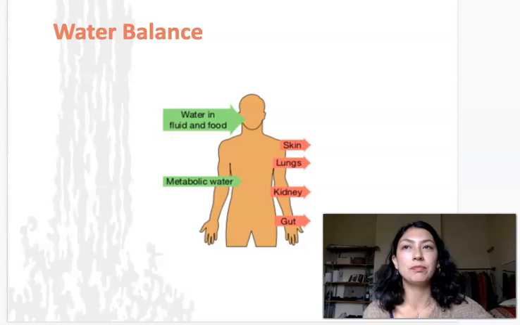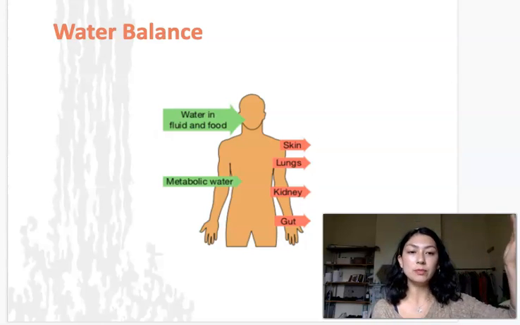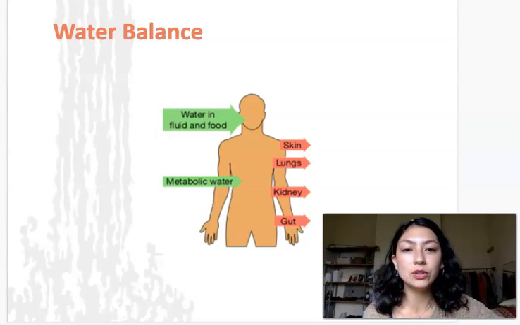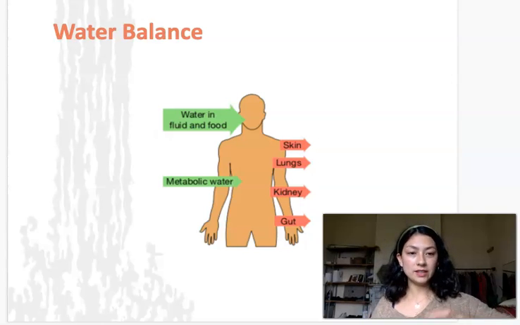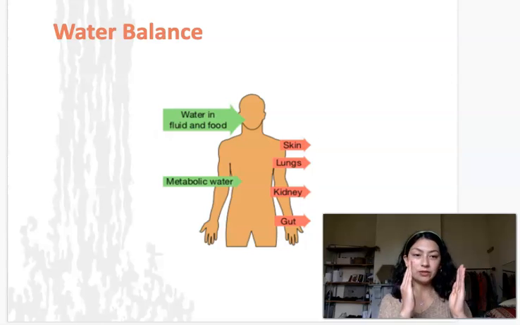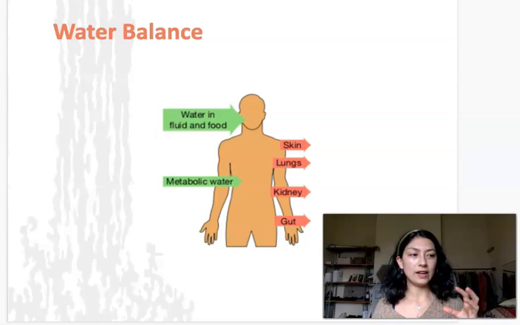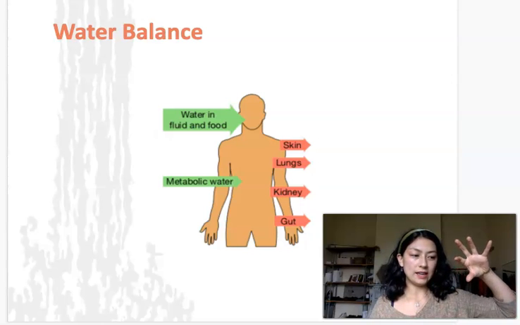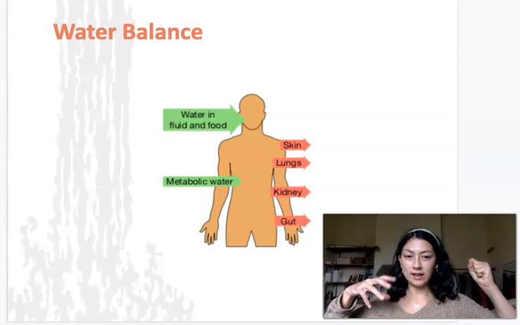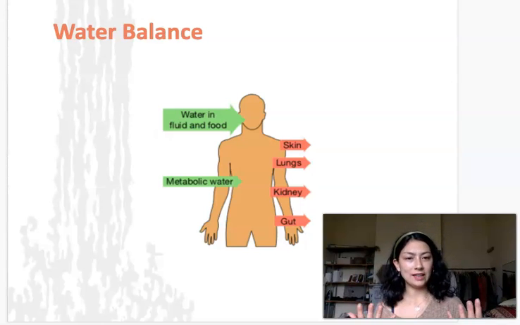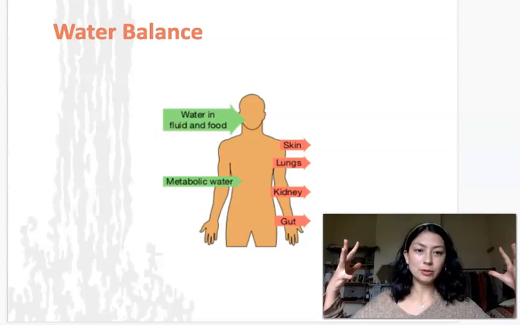It's really what makes us able to move, makes us able to communicate. It's very important. And so we have something called the water balance. Basically, it means water in is equivalent to water out. That is to say, if I added up the water that I took in minus the water that I excreted, it would equal 0. Because of course, if you take in more than you let out, you're going to explode. You're going to be too big.